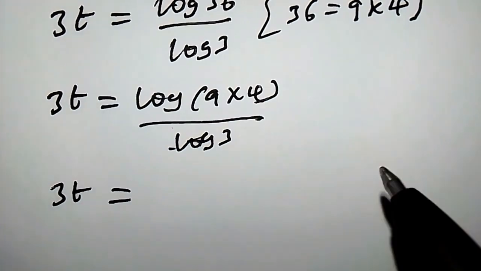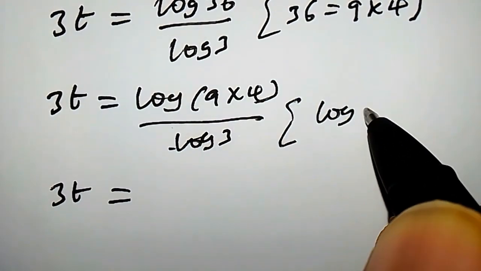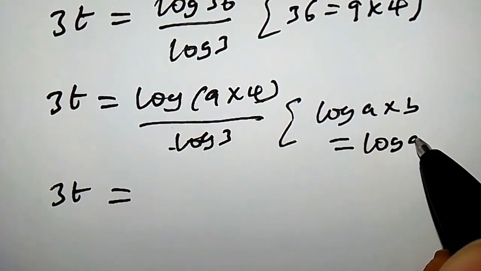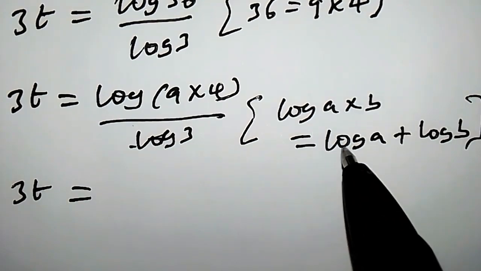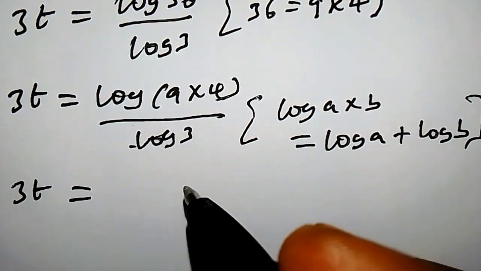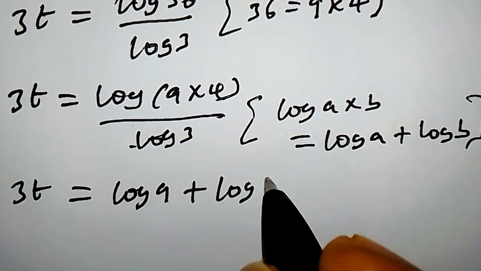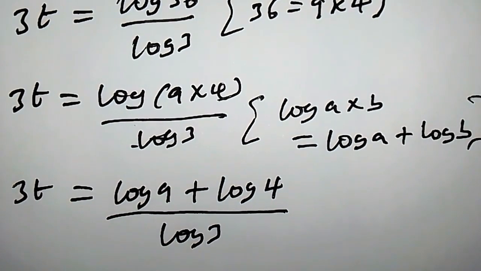Also from one of the rules of logarithm, let's say we have log a times b. This is the same thing as writing log a plus log b. Applying this property to this numerator, we are going to have log 9 plus log 4 divided by log 3.